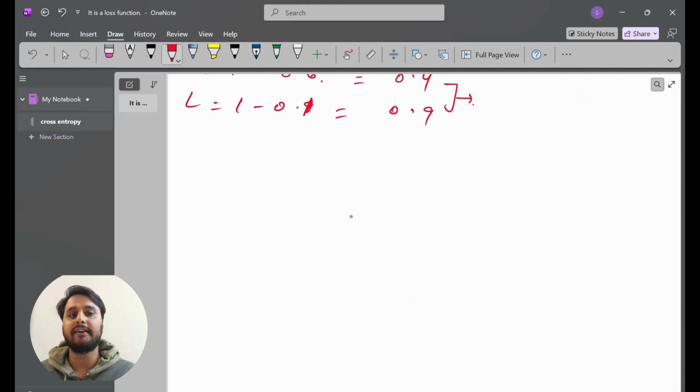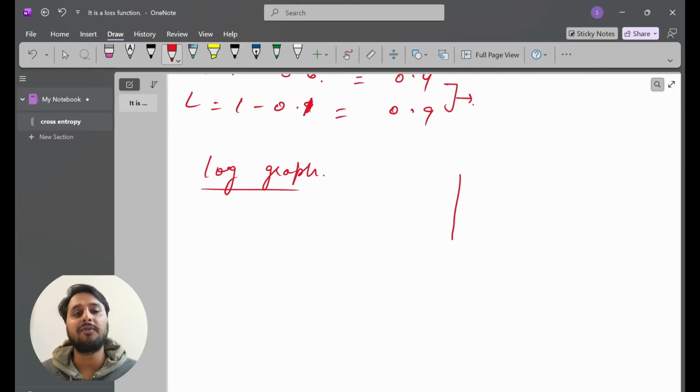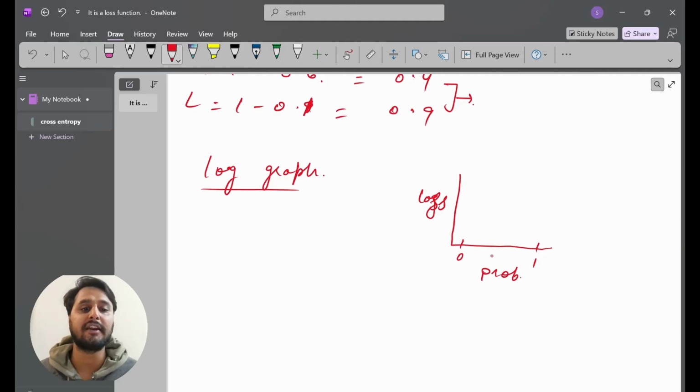For that, let's look at the log loss curve, the graph of log, like this. This is loss and this is probability. Probability is always in the range of 0 and 1, and the graph of log is like this.